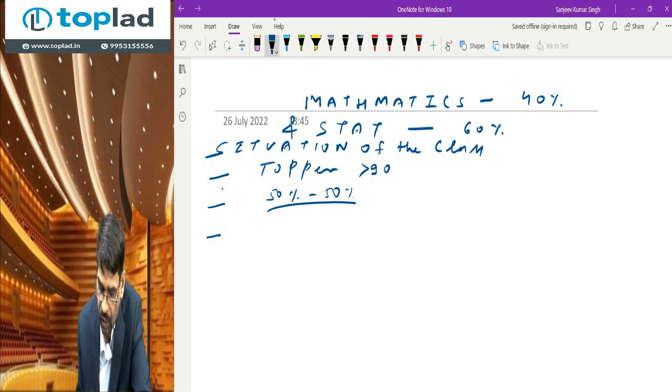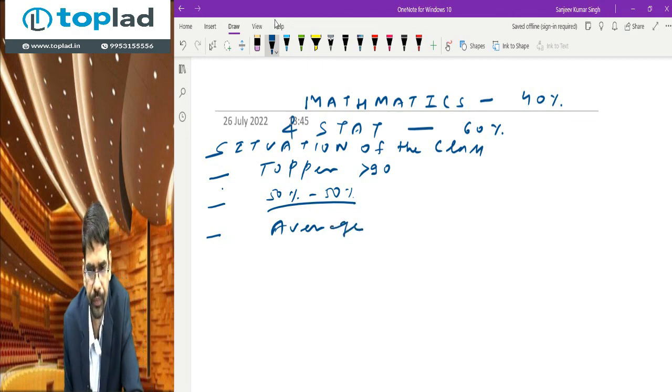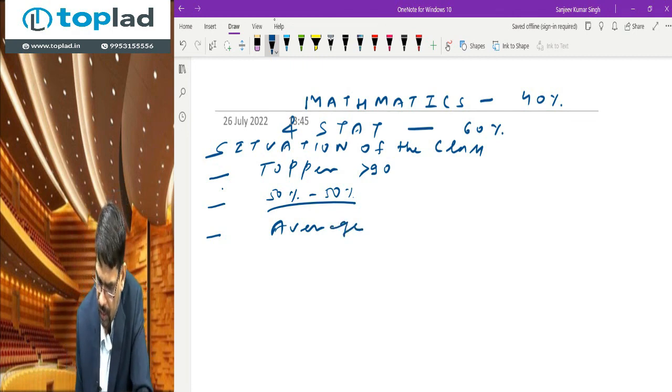Okay. So 3 categories of students in the class. Average, you can say average. Okay.